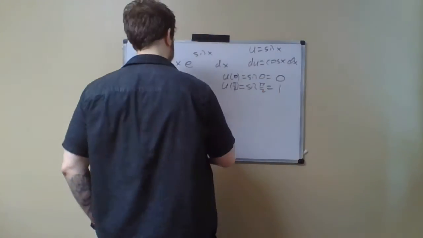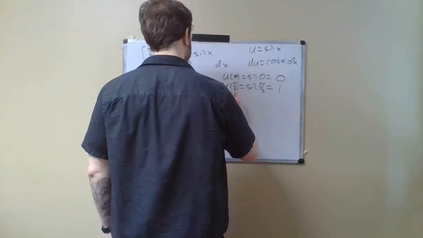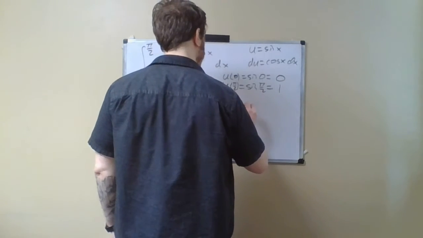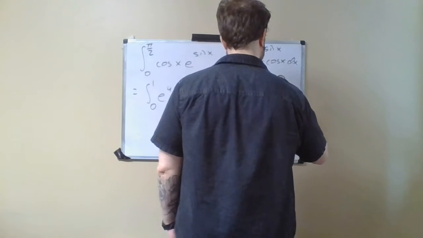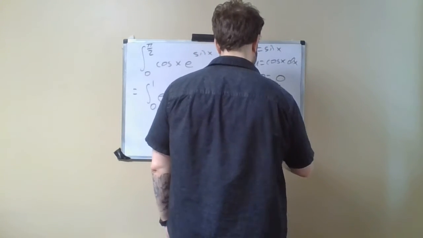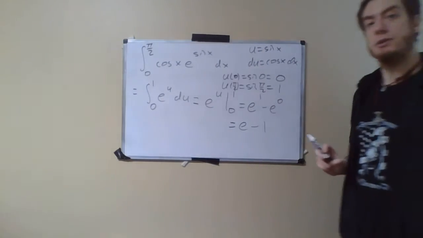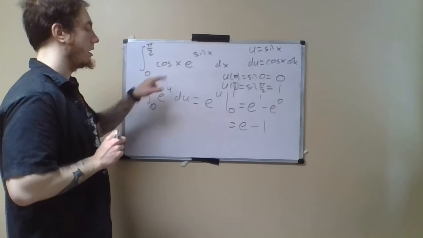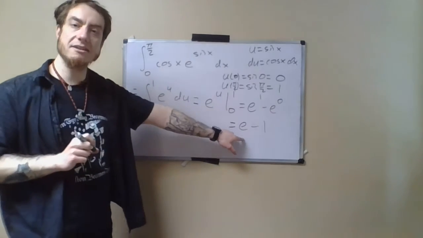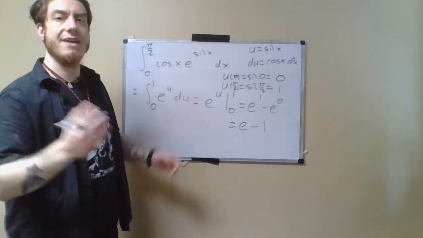So this is just going to become e to the u evaluated from 0 up to 1, which becomes e to the 1 minus e to the 0, and that is just e minus 1. So this crazy looking integral here ends up just being e minus 1.